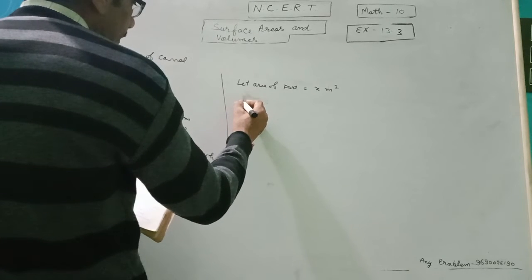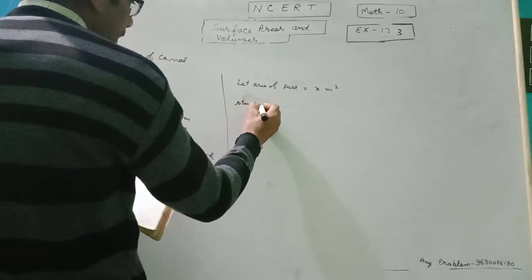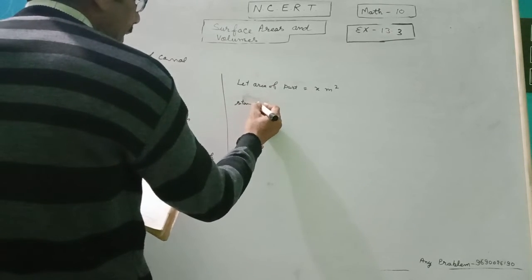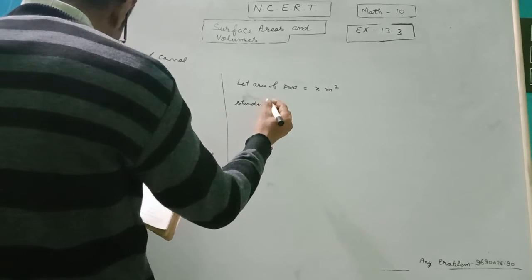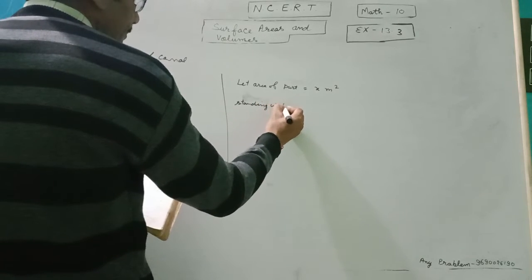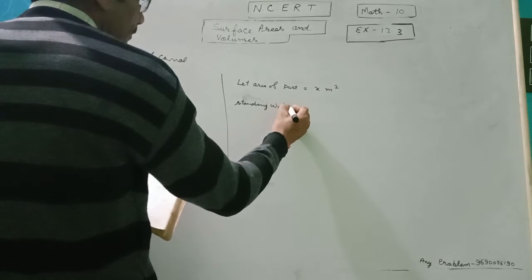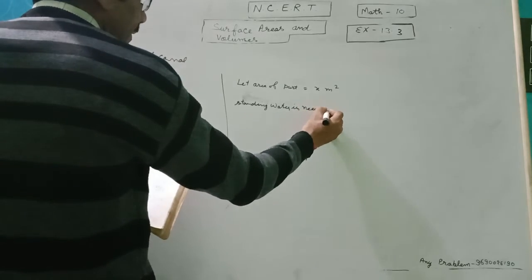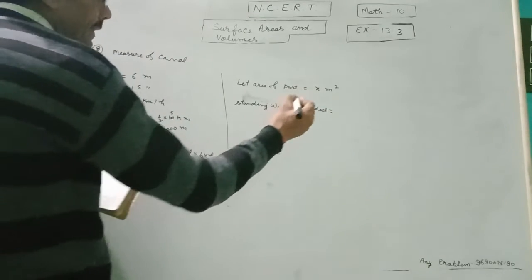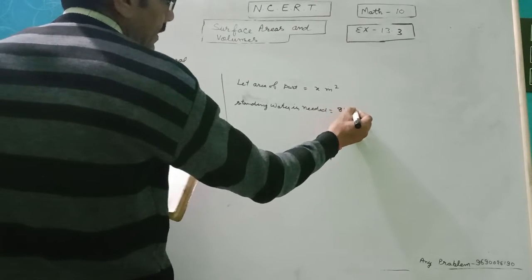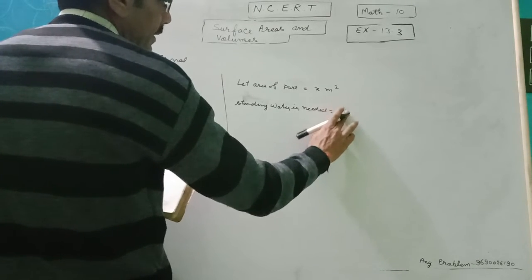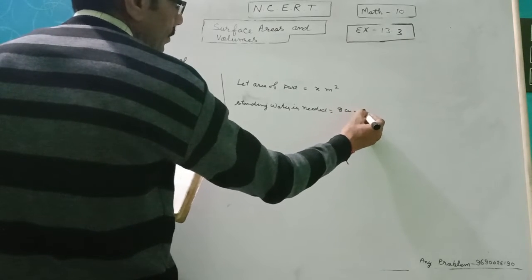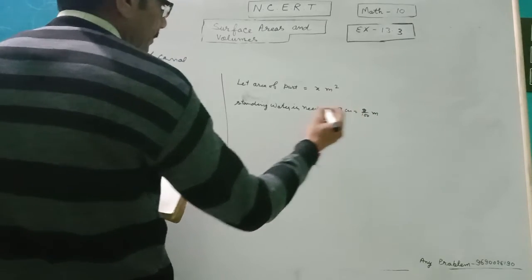Standing water needed is equal to 8 cm. Change 8 cm into meter: 8 upon 100 meter.